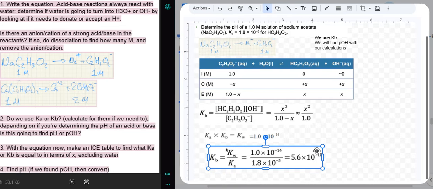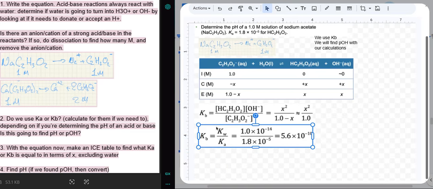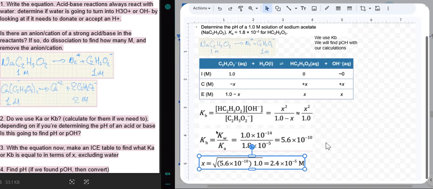And then now we know that's equal to Kb. And we equal this to that, do some more calculations to find x is equal to that. So now we have x.